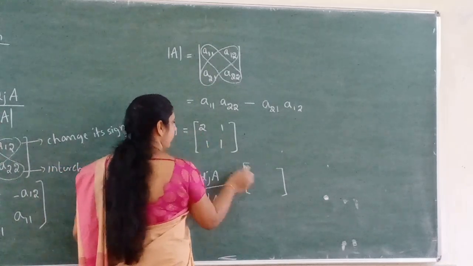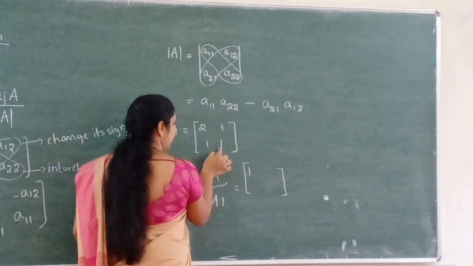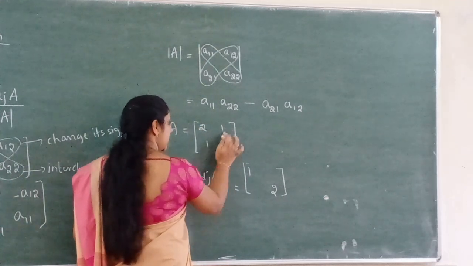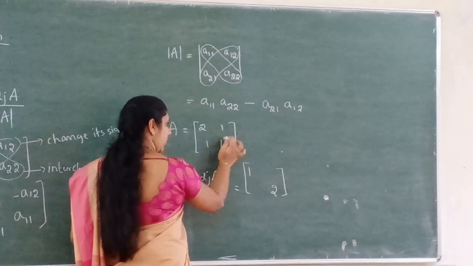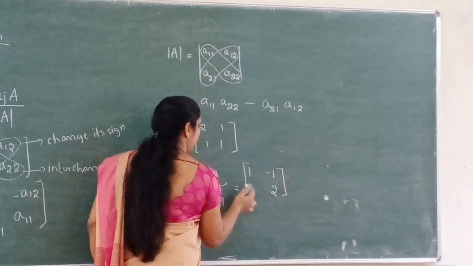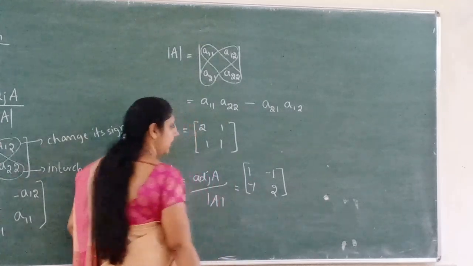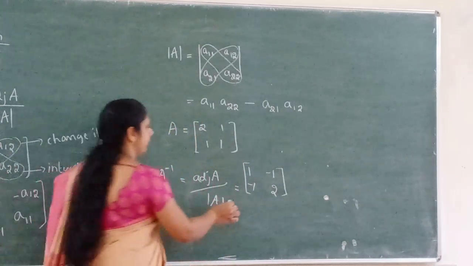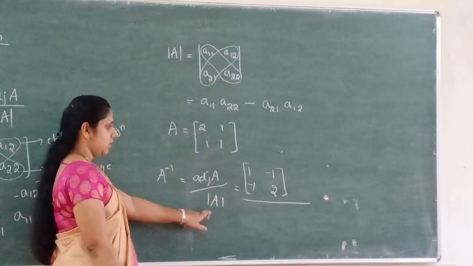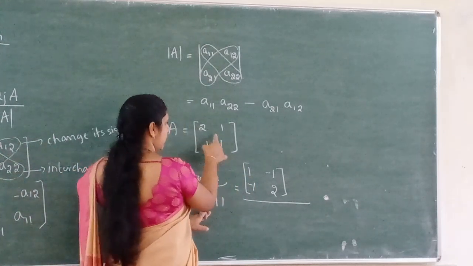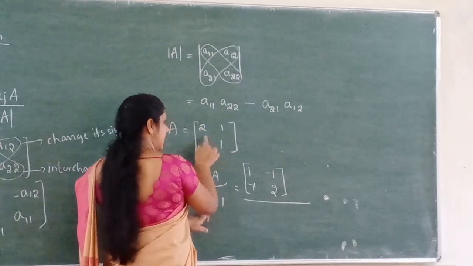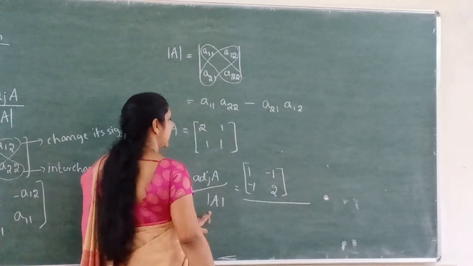So in the place of 2 you have to write 1, in the place of 1 you have to write 2. Then you have to change the sign of non-diagonal elements, that is in the place of plus 1 you have to write minus 1. Similarly here. So this is adjoint A divided by determinant A. So for determinant A, first we have to find the product of diagonal elements minus the product of non-diagonal elements.